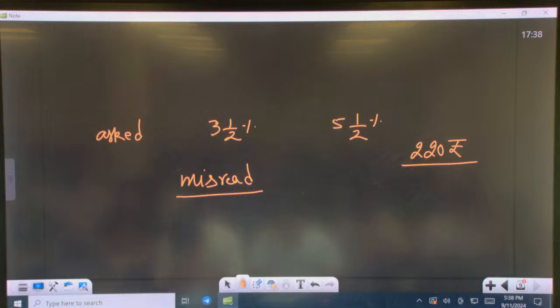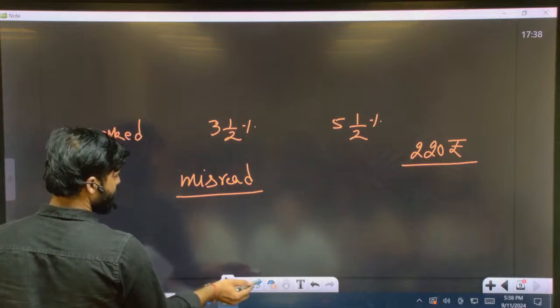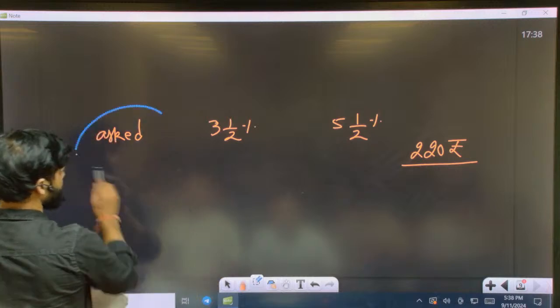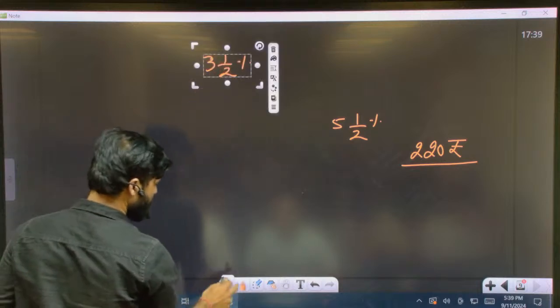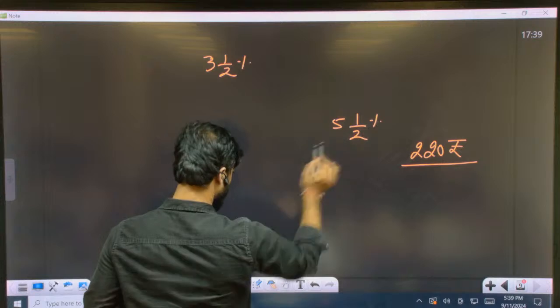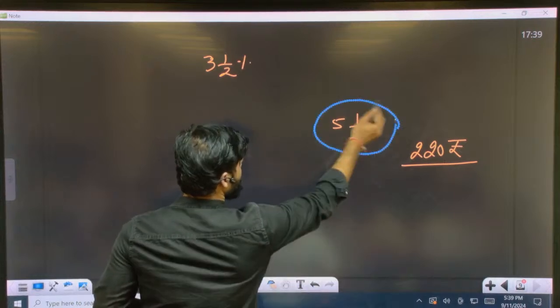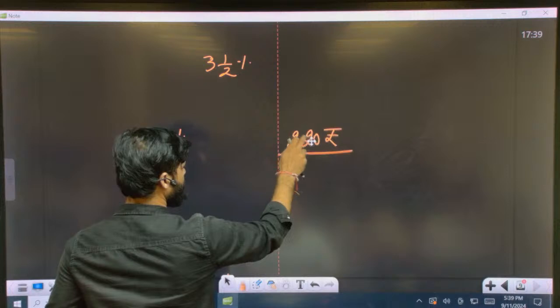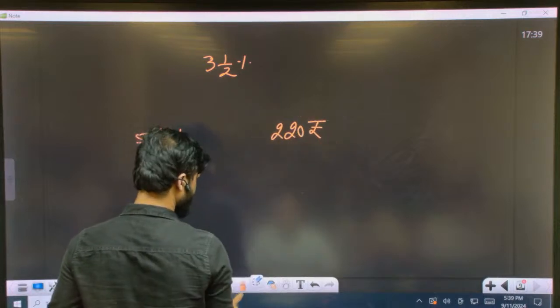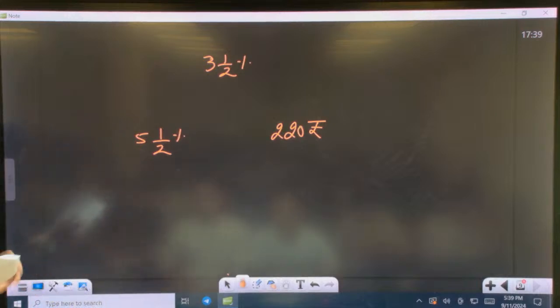Let the sum be x. Okay, look at the board. Now read the question.